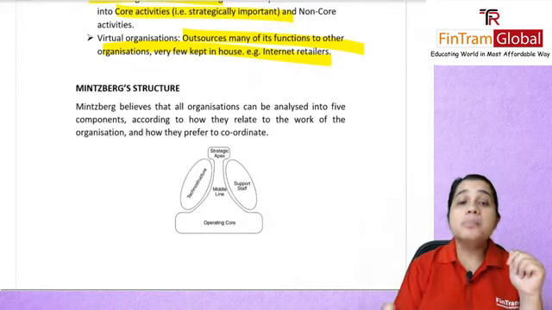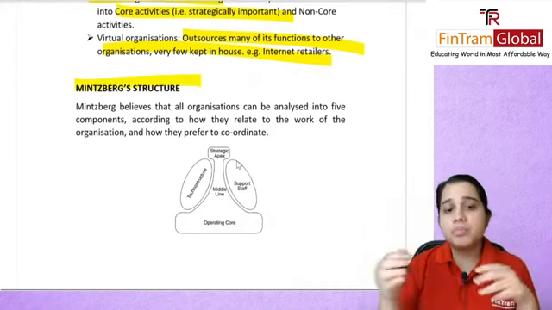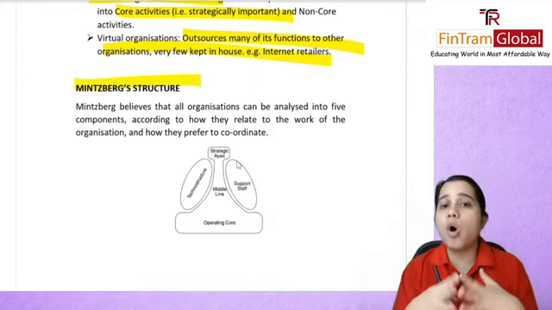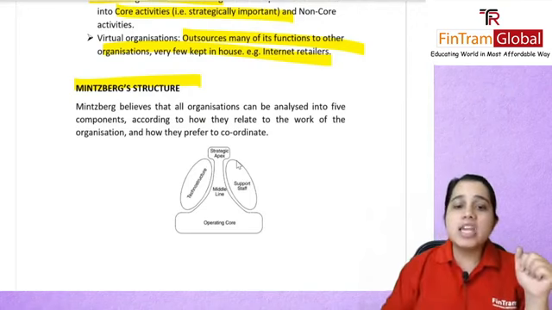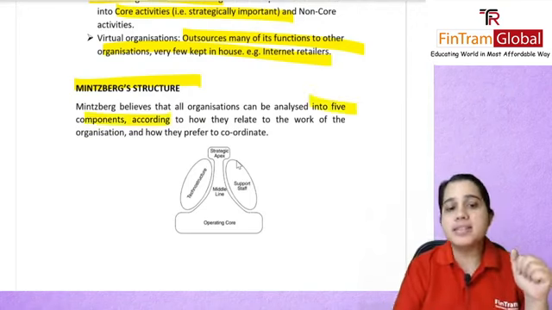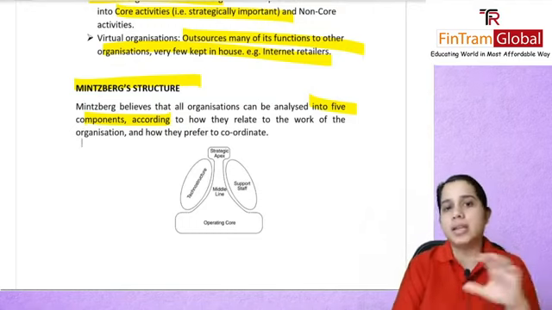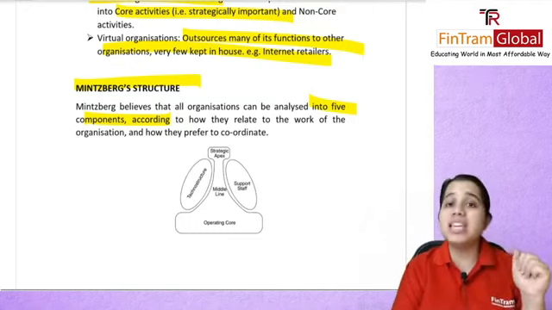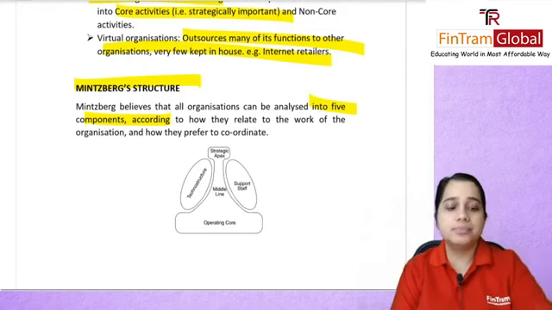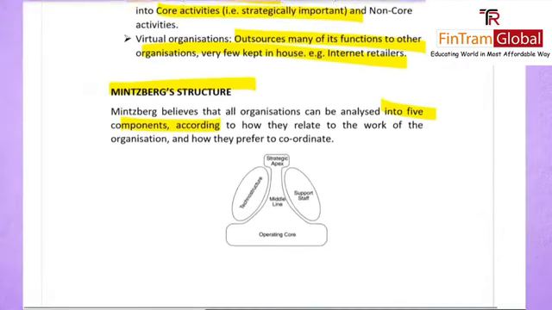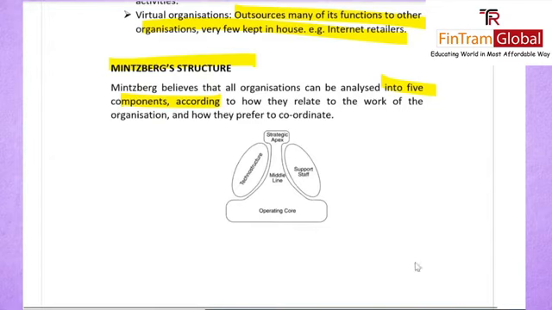Then we have our Mintzberg structure. Mintzberg believed that organizations can be analyzed into 5 components, and they basically relate to how they will work and coordinate. These 5 functions will coordinate with each other. So let's have a look at that. Here in this diagram, you can see you have your strategic apex.